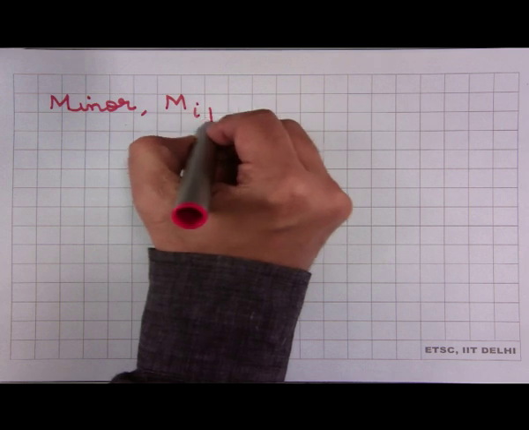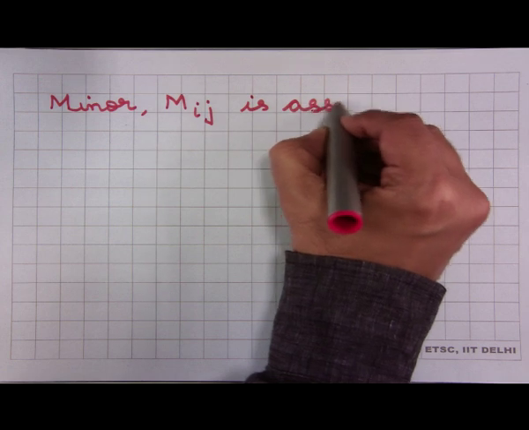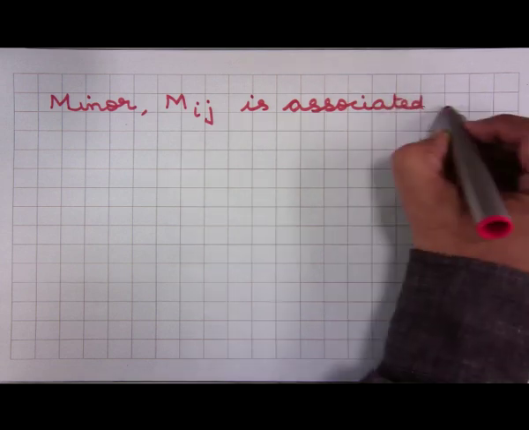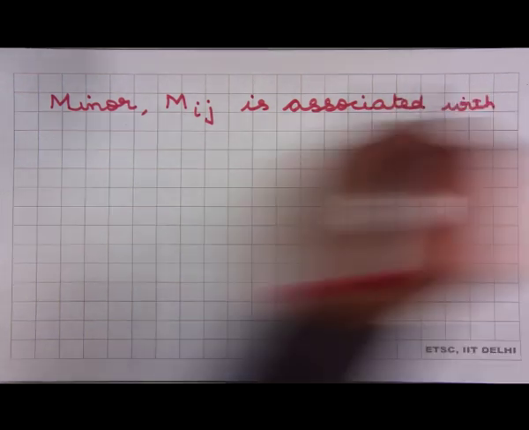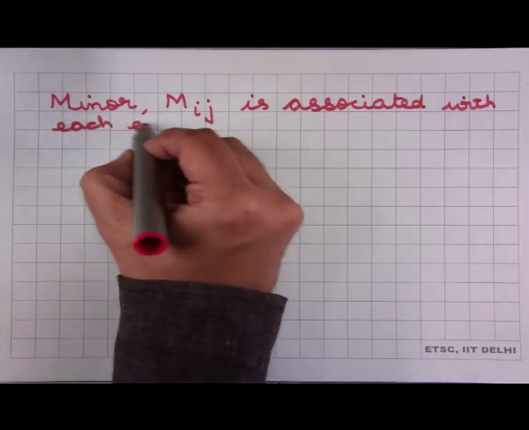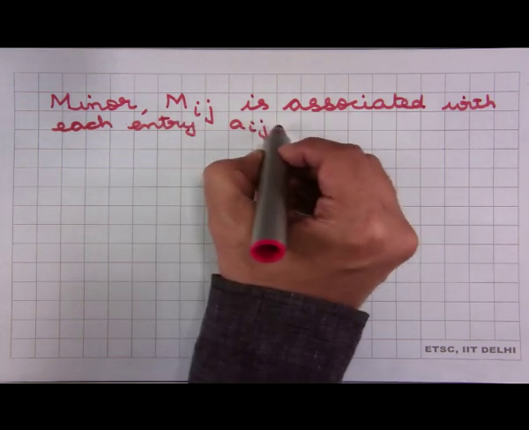So, minor Mij is associated with each entry Aij.